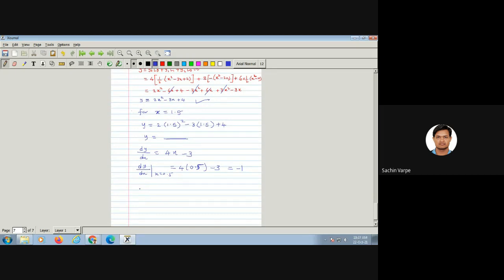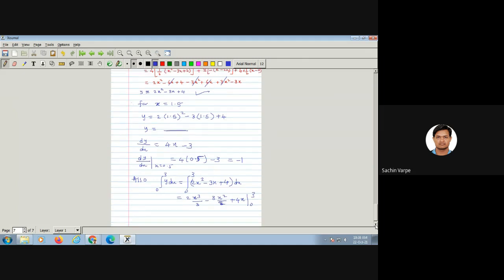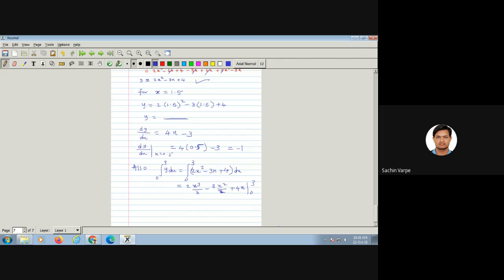And integration also, integration from 0 to 3 of y dx is integration from 0 to 3 of 2x square minus 3x plus 4 dx. So that is equal to 2x cube by 3 minus 3x square by 2 plus 4x from 0 to 3. So substitute upper and lower limit and tell me what the answer is.